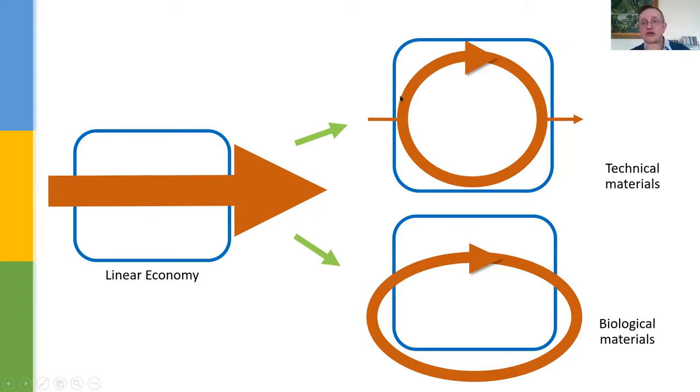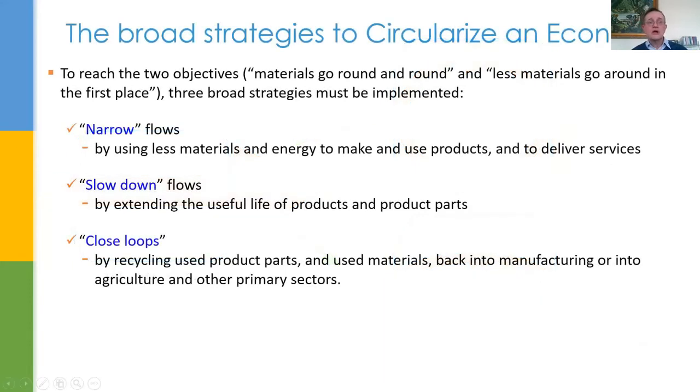So not only do we circularize our flows, but we have much less material flowing through our economies in the first place. Now, to reach these two objectives, that materials have to go around and around, but we also have to have less materials in the first place, we have to implement three broad strategies.